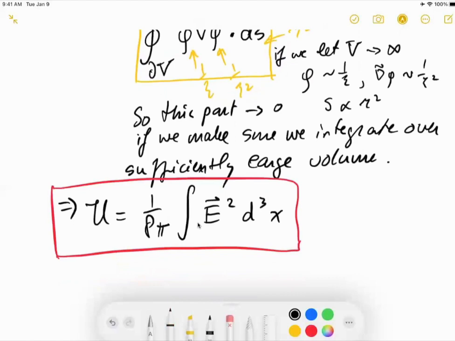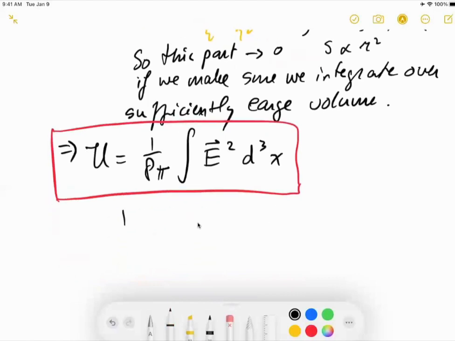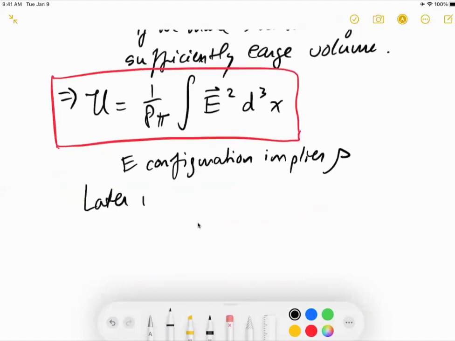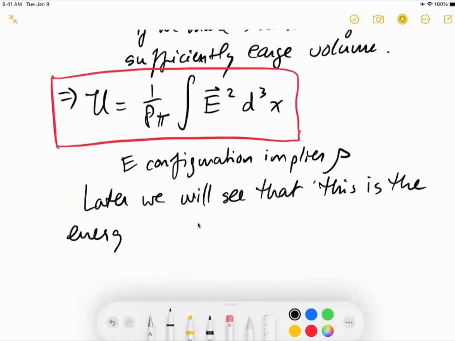And again, the E configuration implies rho, but it's not as simple as that, because also later we will see that this is the energy actually carried by electromagnetic waves.